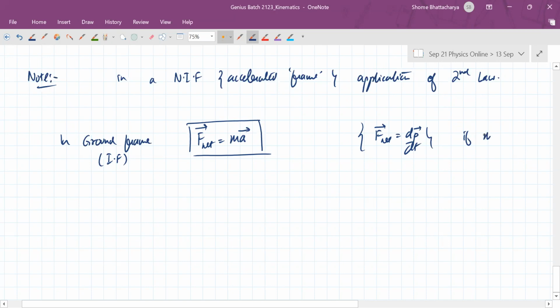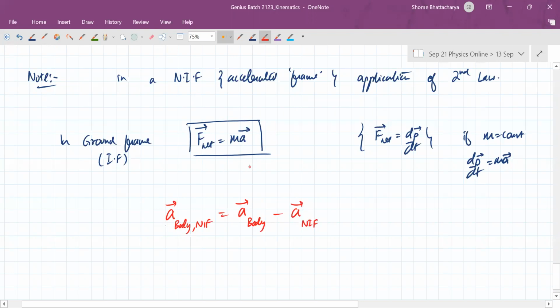So then the rate of change of momentum will become m into a. Now, if we look in the relative motion concept, the acceleration of a body with respect to a non-inertial frame will be equal to the acceleration of the body minus the acceleration of the non-inertial frame.